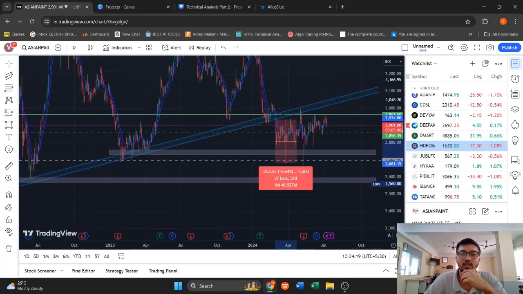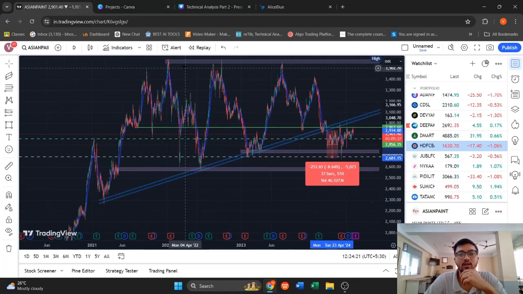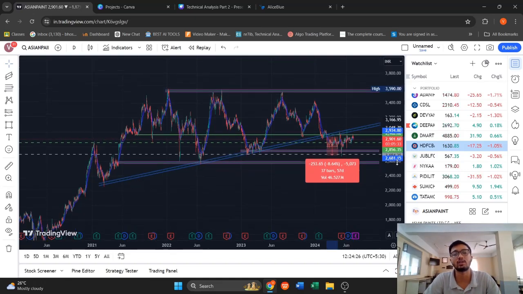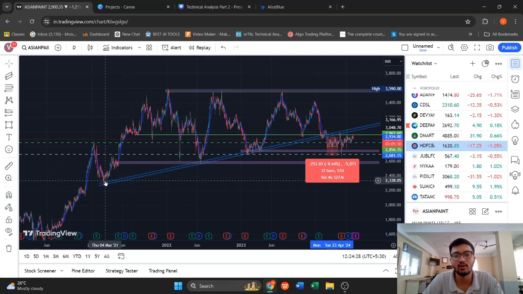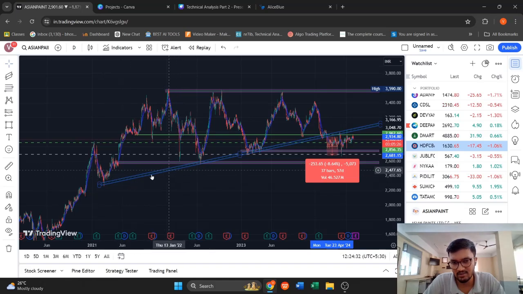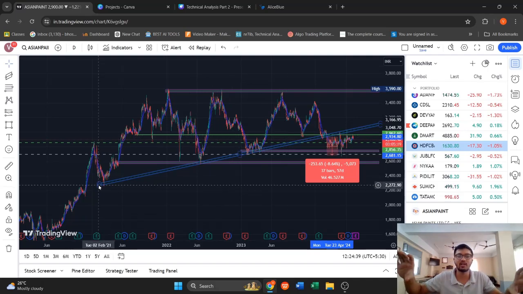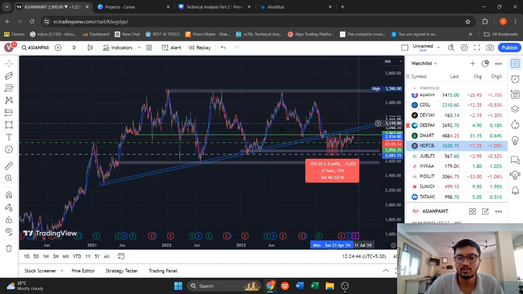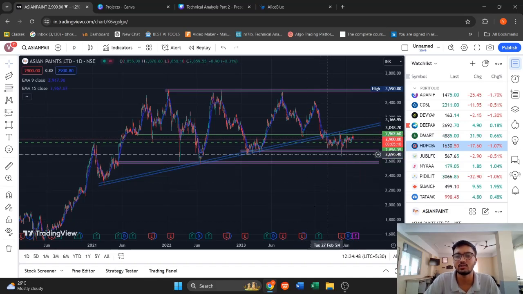In this chart pattern, you can just draw the resistance horizontally, but you will not be able to mark the support zone horizontally, because on a larger time frame, you can see the support zone is diagonal. So if you would have shorted this particular stock at this position, 8% was your take profit.